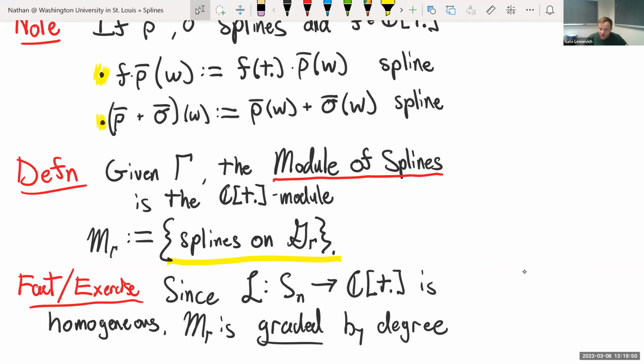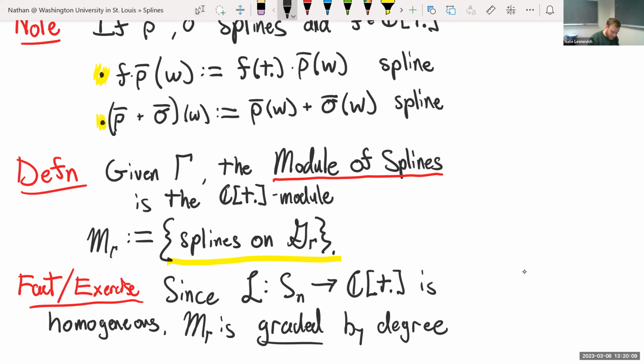All right. And a little bit of a fact or exercise. Since the label function is homogeneous, the ideals that we're going to look at are homogeneous ideals. And again, by a local condition argument, it's not too hard to see M gamma is graded by degree.